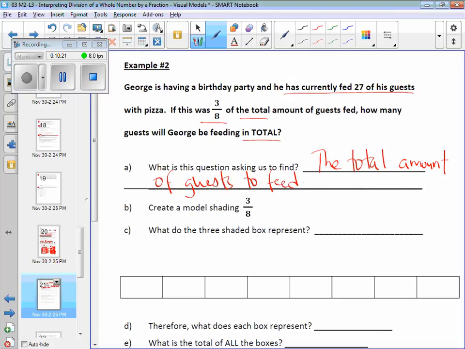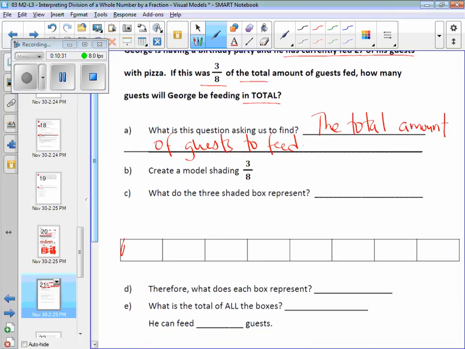We're going to follow the same exact model as we did last time. It'll work. Shade 3. That's 3 out of 8. And make a bracket.